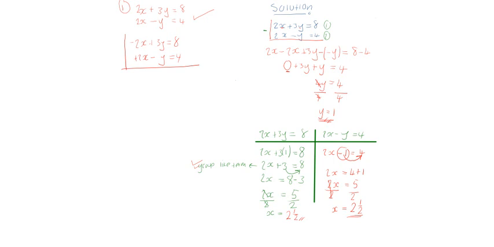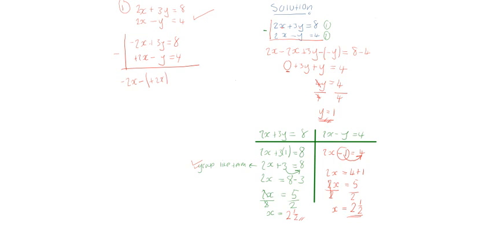So let's say I put negative here. So how can we write this equation now? This equation will be written as negative 2x, which is this one, minus the other positive 2x.